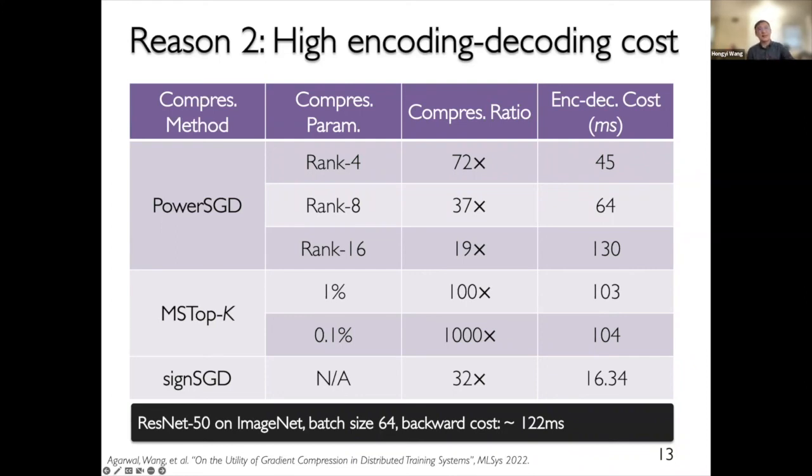But the point I want to make is that our cost model can still capture that. For the encoding cost you give me, I can still predict how the method performs. That's the main message here.